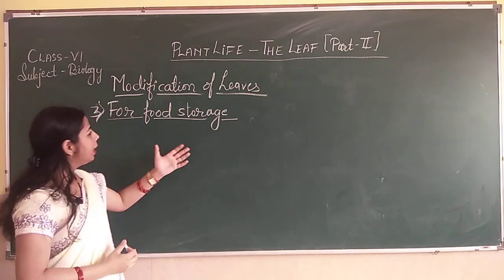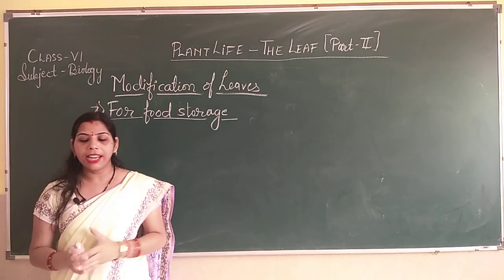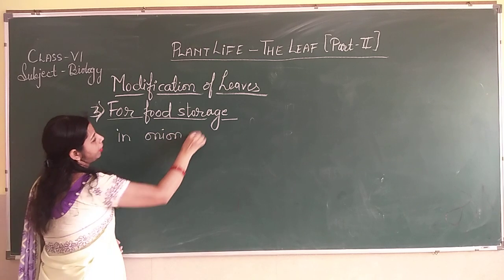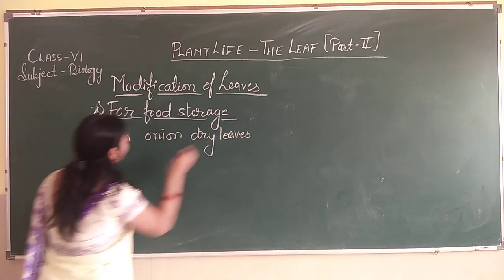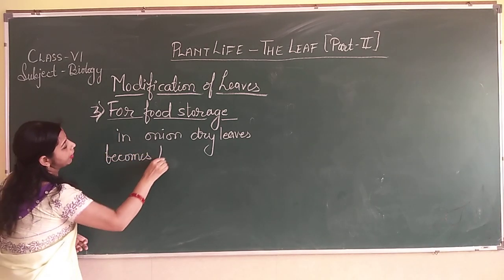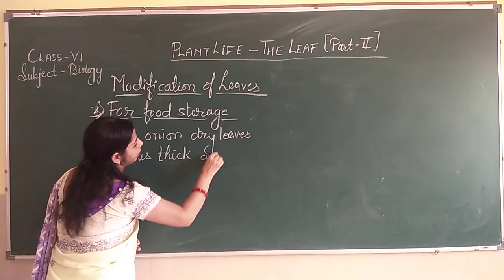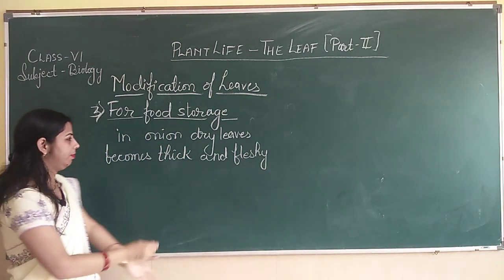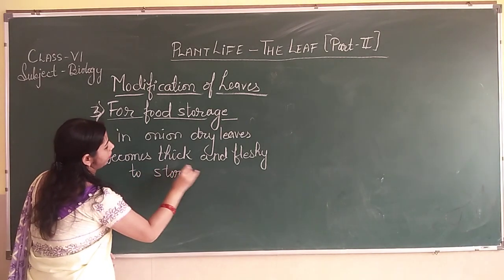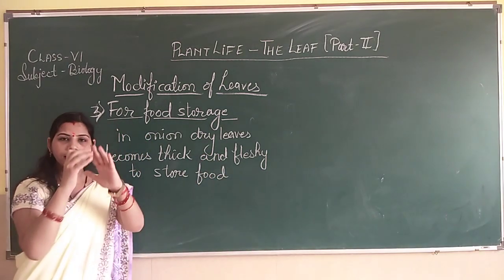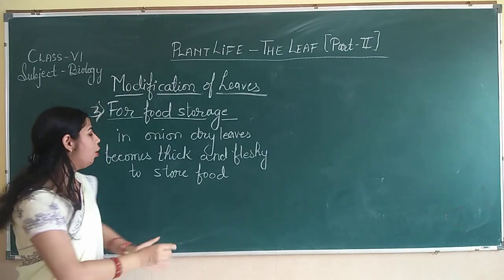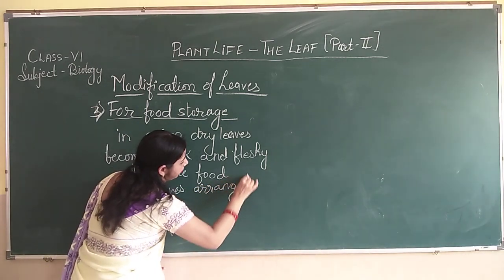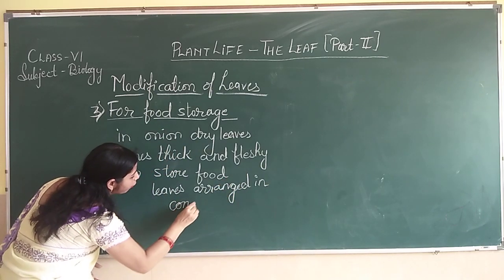Now, in food storage, how are the leaves modified? Exactly, in onion, the dry leaves become fleshy and thick to store food, and the leaves are arranged in concentric ring form.